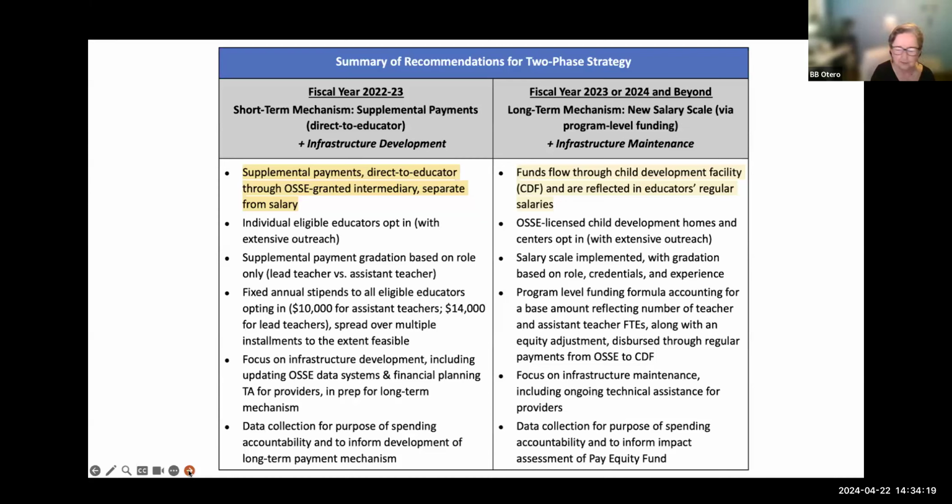And this is really critical for a number of reasons. We always hear about supplementals and bonuses and that sort of thing, but that doesn't change the base salary of folks. And what we want to do is have an influence long-term. A lot of our providers are women of color, in many cases older women.